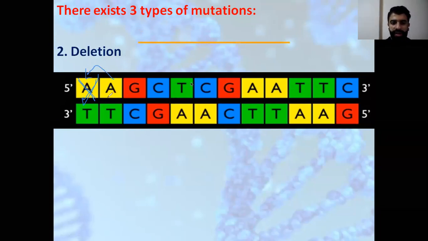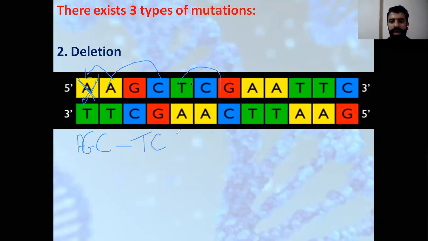So the first codon is going to be AGC. Then we have TCG. And then we have AAT. And finally we have TC.